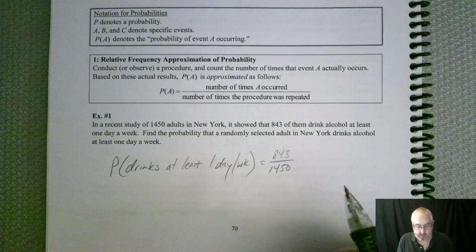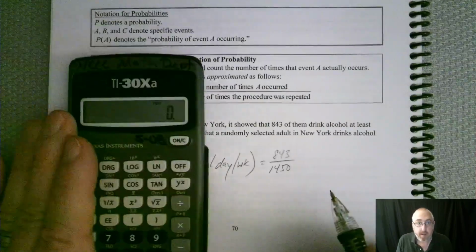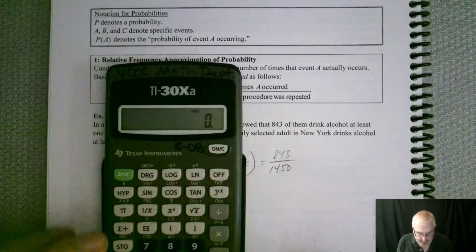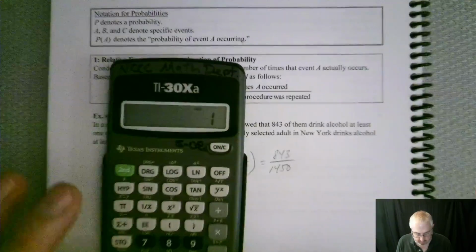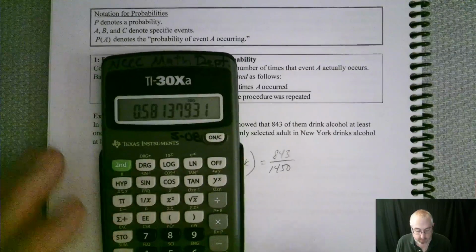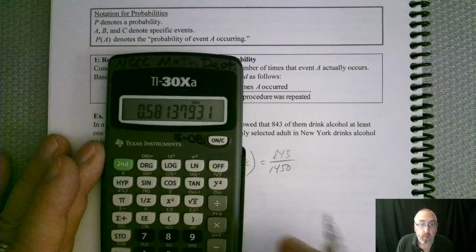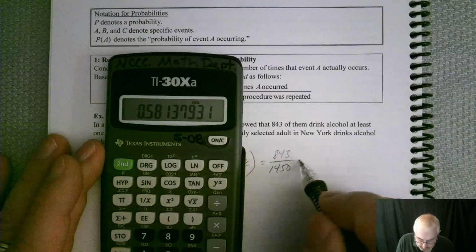Let's just get a calculator out to get a little bit better value of that. 843 divided by 1,450 equals 0.5813, and so on.